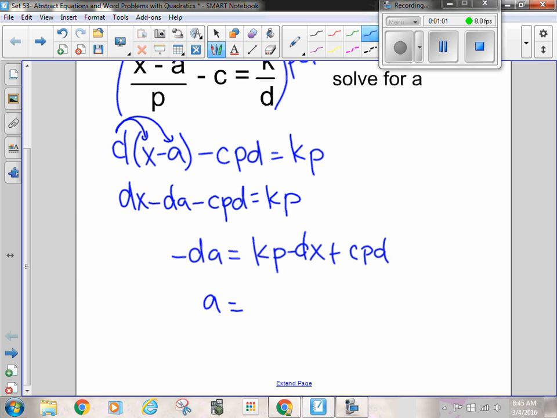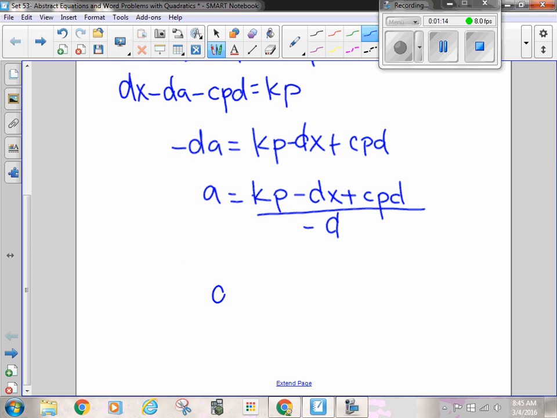And so I'm just going to flip it: KP minus dx plus CPD over negative d. Or if you want to, you can move the negative out of the denominator and switch the signs of everything on top and have it over a positive d. Okay, so that was solving for A.